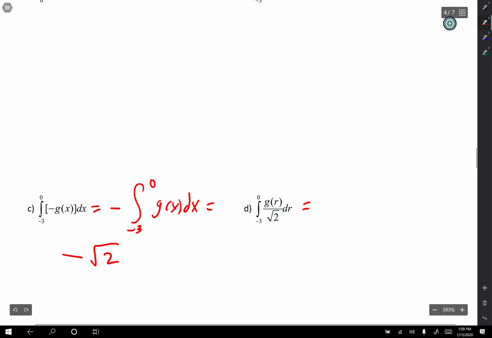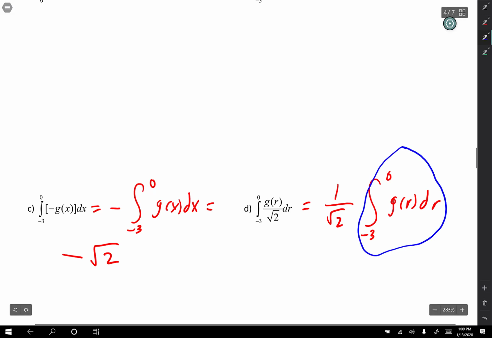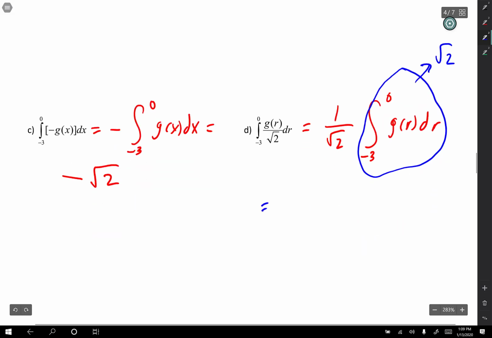So I'm going to rewrite it. 1 over square root of 2 integral negative 3 to 0 of g of r dr. This right here that I'm circling is just what? Square root of 2. So I get 1 over square root of 2 times square root of 2. What is that going to be? 1. Done.